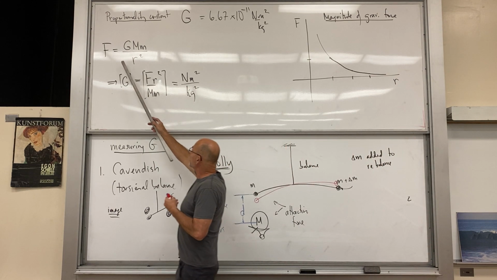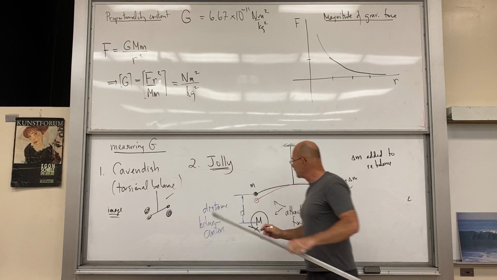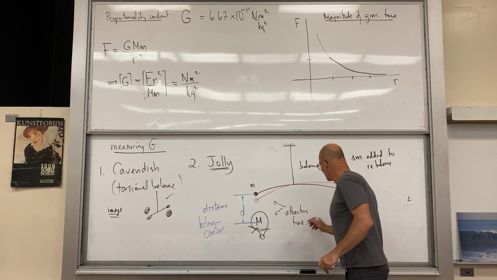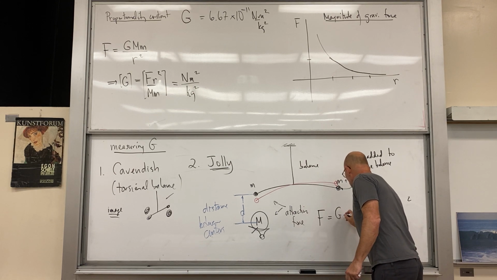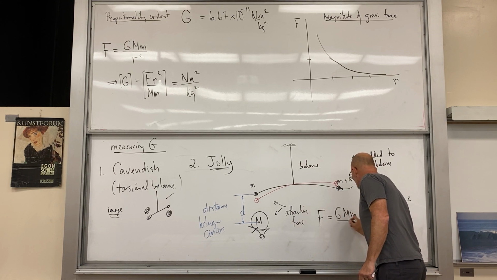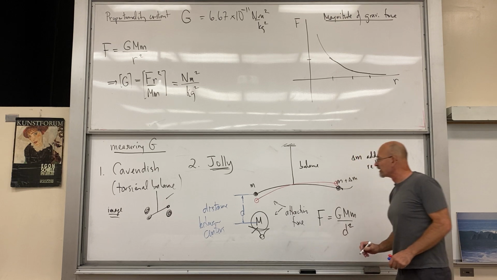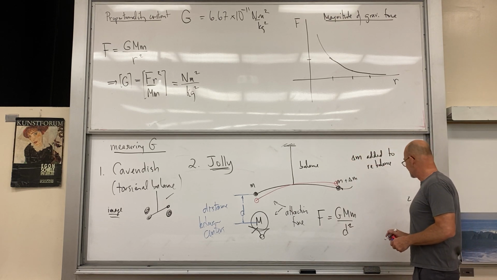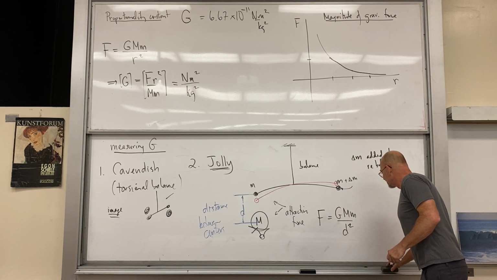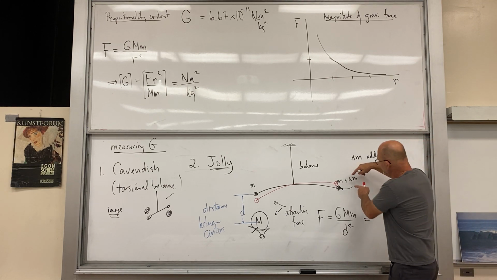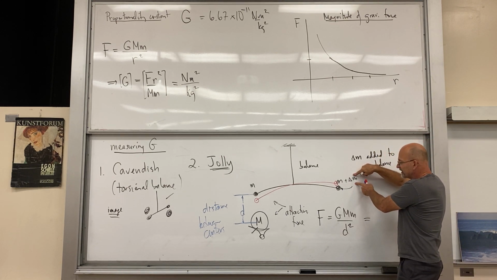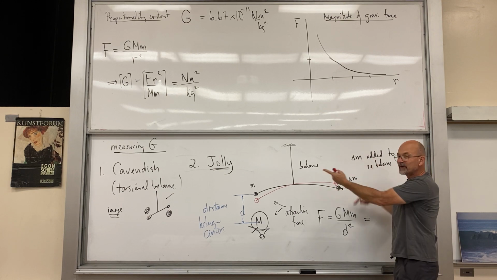So the attractive force between these two masses over here, we have F is equal to G M over D squared now, because that's the separation distance. But that is simply equal to the added weight of this delta M that we put on here to rebalance it.